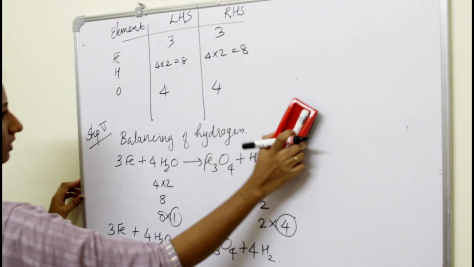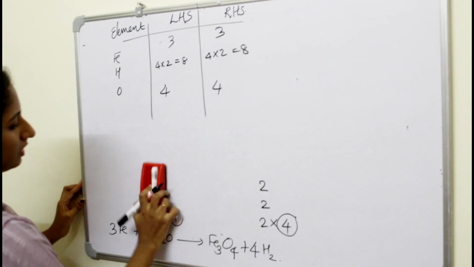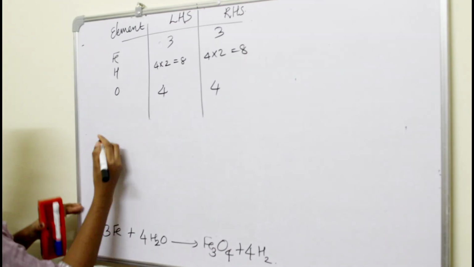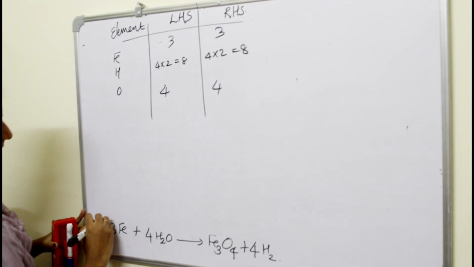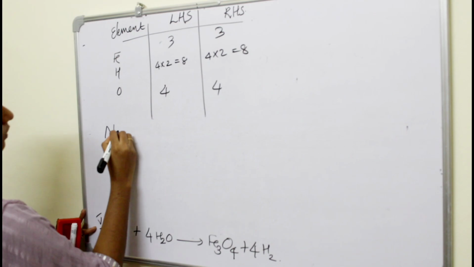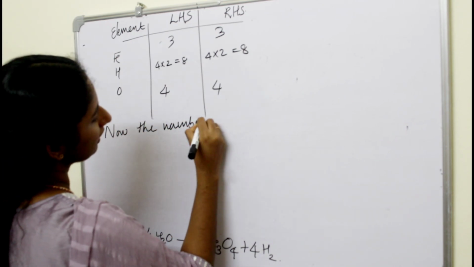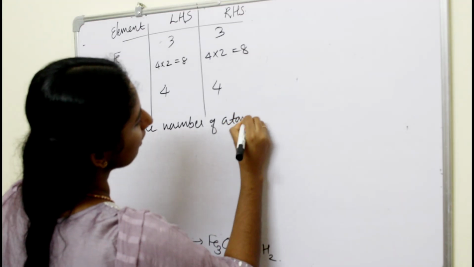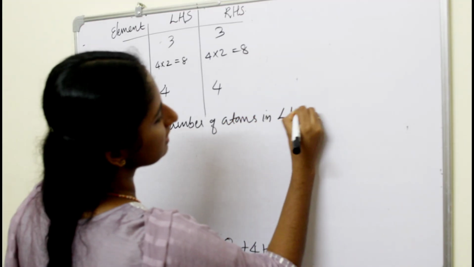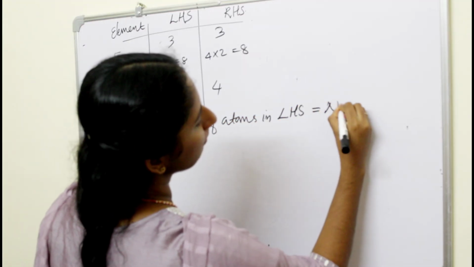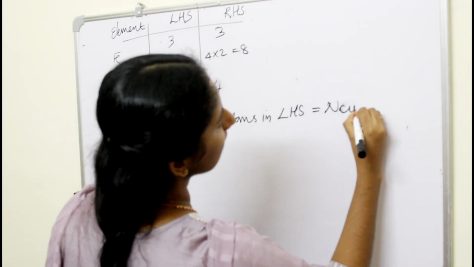Okay. So we can say that now the number of atoms in left hand side is equal to number of atoms in right hand side.